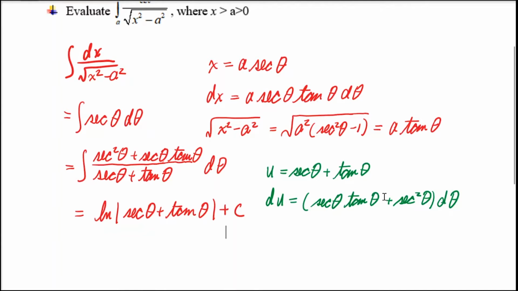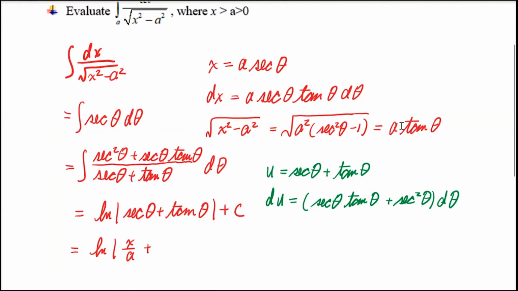So far, so good. Now, then, what is secant theta? Well, we can find it from here, right? Secant theta, of course, is x over a. Good. Plus, what is tangent theta then? Right? Do we have to draw the triangle? No, you don't.